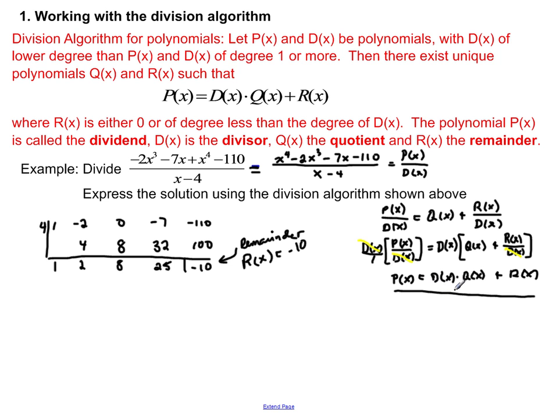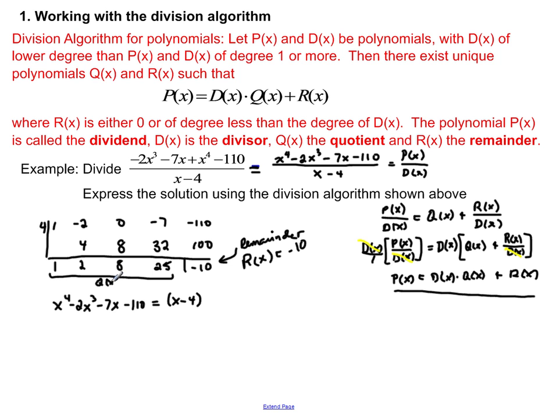So by this division algorithm, what should work out is that p of x, x to the fourth minus 2x cubed minus 7x minus 110 will be exactly equal to the quantity x minus 4, our divisor, times our quotient q of x, right?